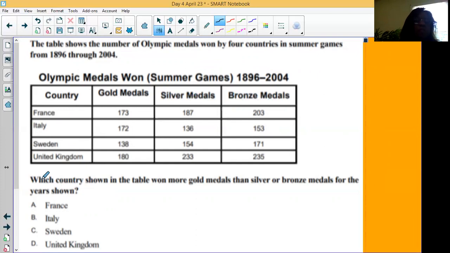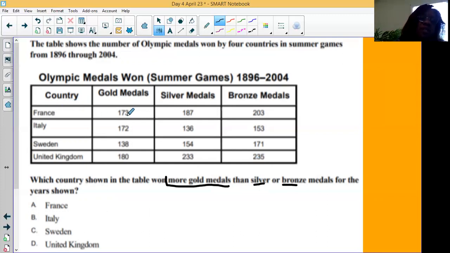Here's your big question. Which country shown in the table won more gold medals than they did silver or bronze from the years shown? So let me give you an example of what it is that you're asked to do here. Here you have the country France.